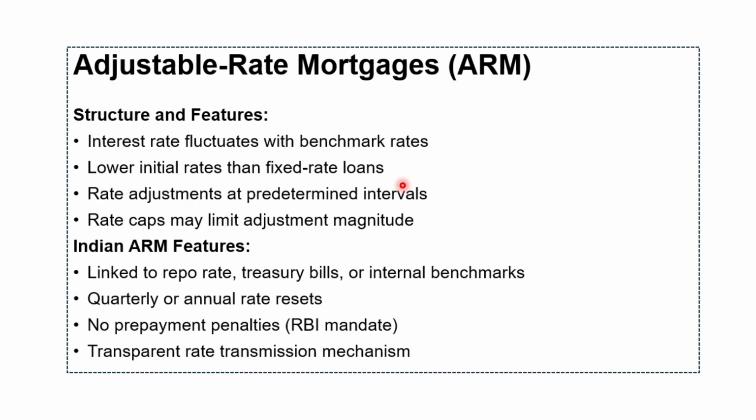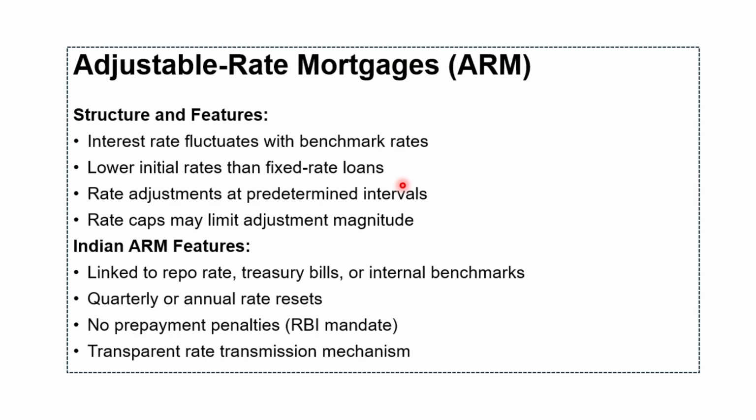Now, since RBI's 2019 external benchmark mandate, rate adjustments have become more transparent and responsive to monetary policy changes. Most ARMs are now linked to the repo rate, through repo rate linked lending rates, with automatic quarterly adjustments when RBI changes policy rates.